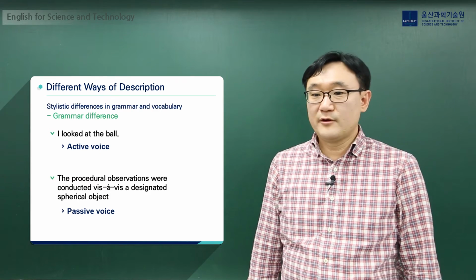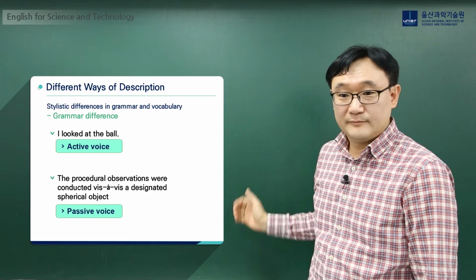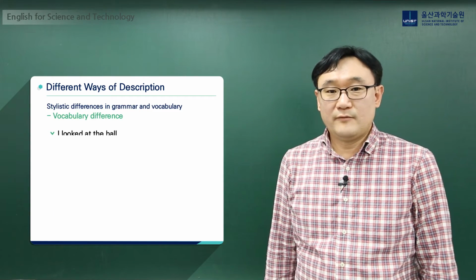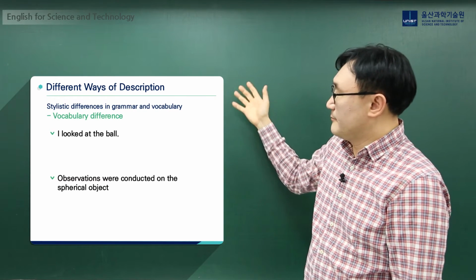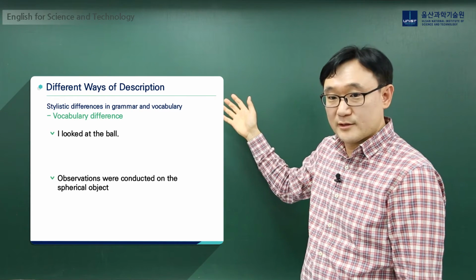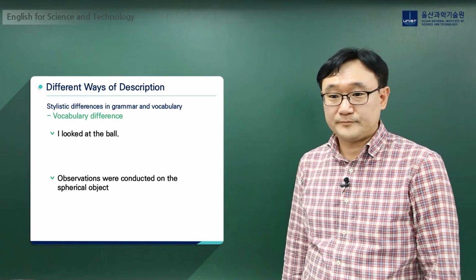In terms of grammar, we have active voice in here and passive voice down here. For the words, we have some non-technical words or everyday words, and here it sounds like technical words.